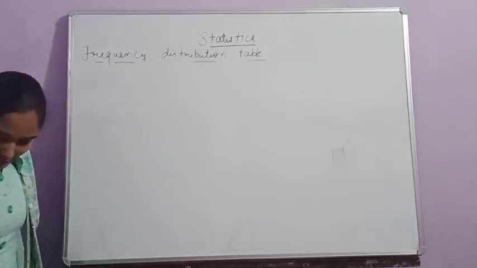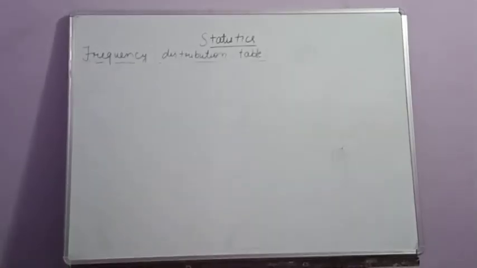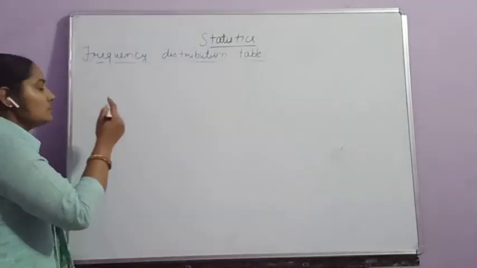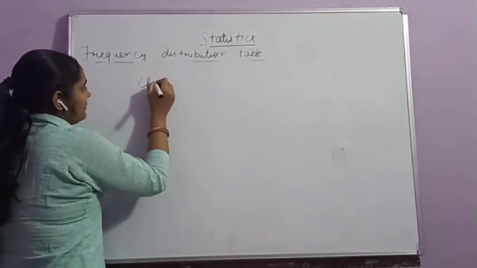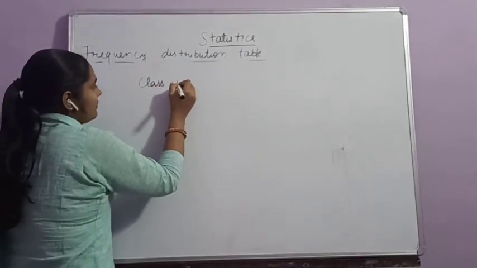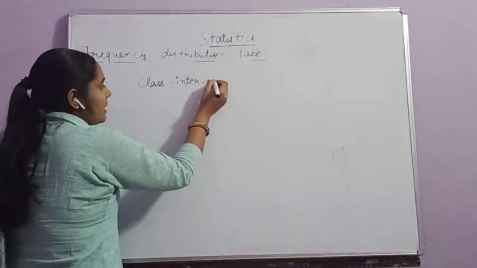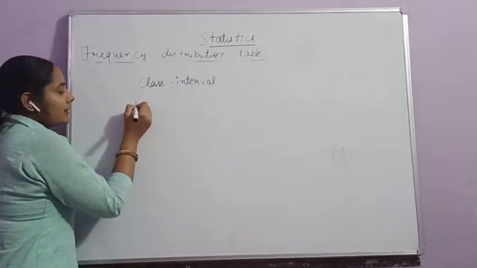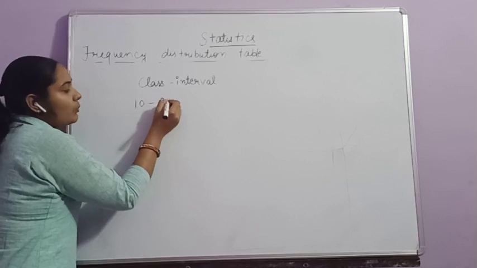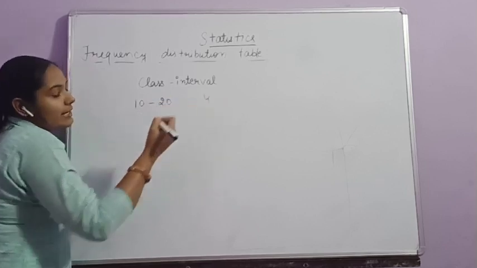In grouped frequency distribution table, we write the data in class interval. For example, we write 10 to 20 marks are obtained by 4 students.